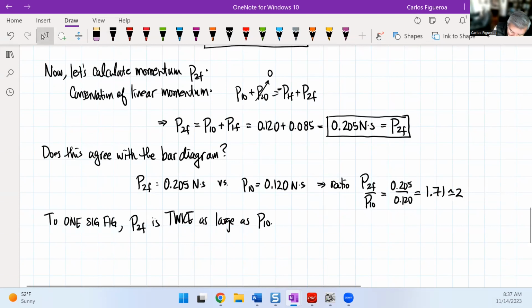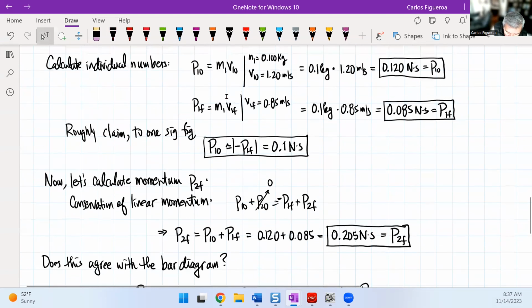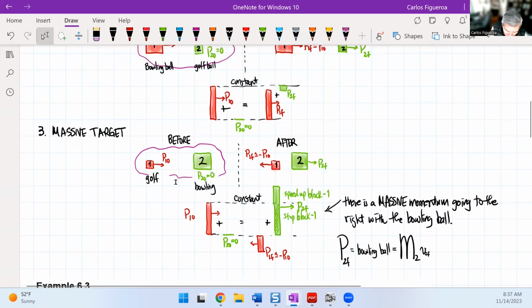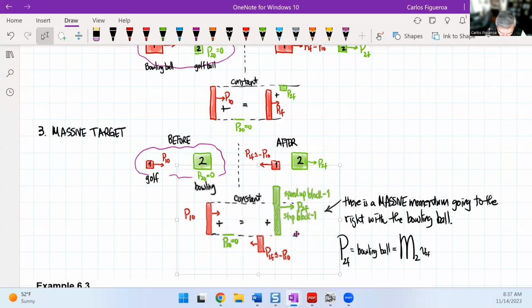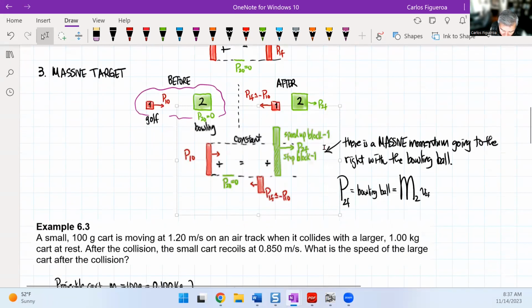I calculated these numbers just to show you that this picture right up here, this is our picture. This is an important picture. I want to copy this and bring it down here.